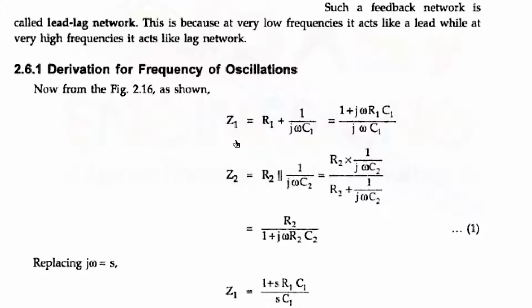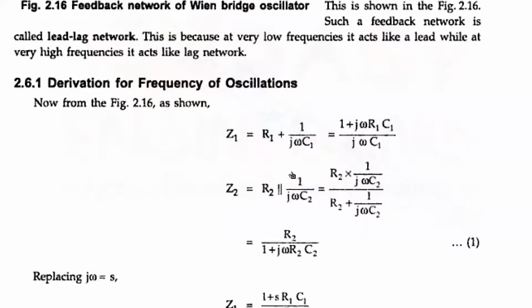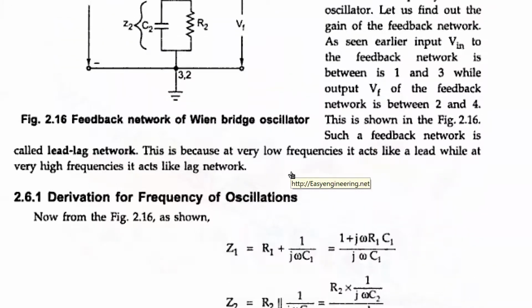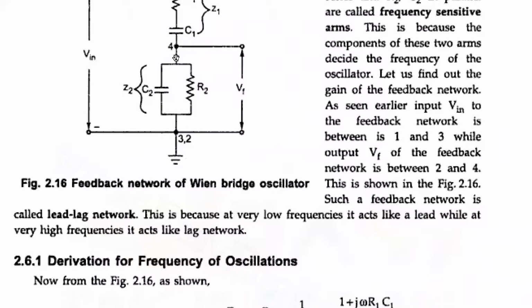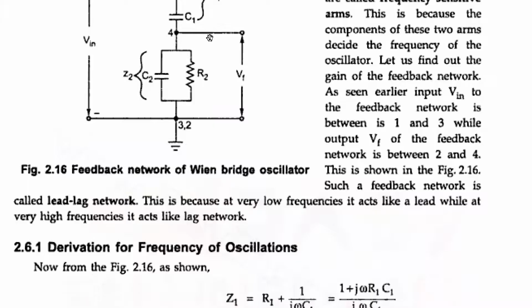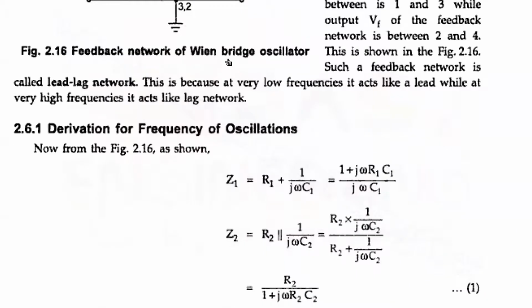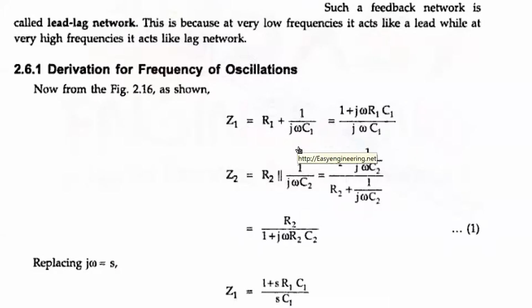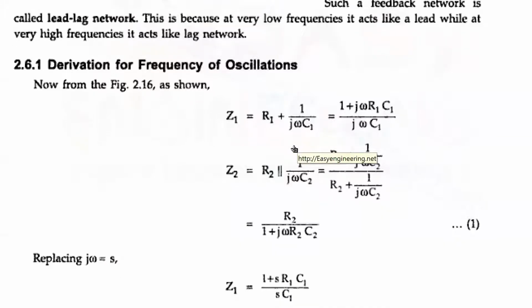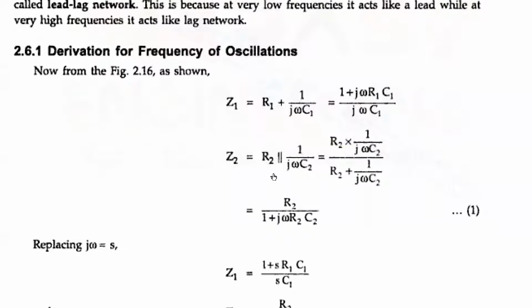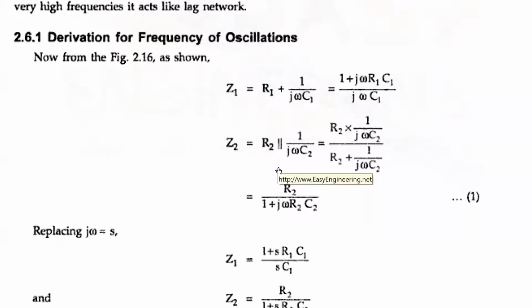So we are taking Z2 as the parallel combination and Z1 as the series combination: impedances in series, impedances in parallel, formulas we are using and simplifying.